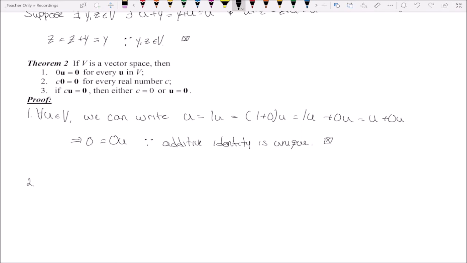Second statement. Let u be an element of V. Now, from the first statement, we have that 0u is equal to 0.